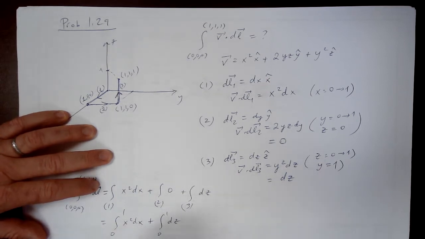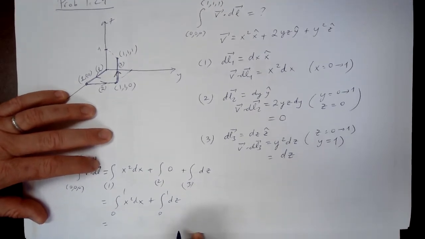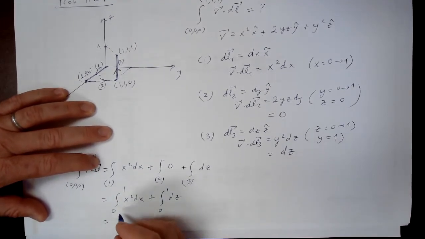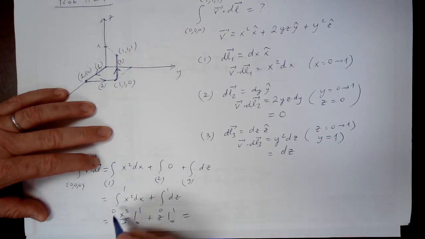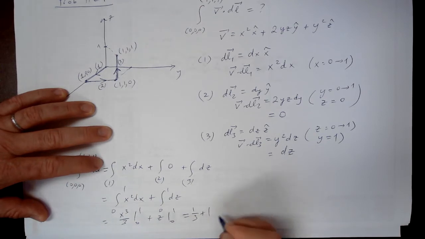Pretty easy integrals, right? This is x cubed over 3, evaluated 0 to 1. This is z, evaluated 0 to 1. This is 1/3 plus 1, which is 4/3.